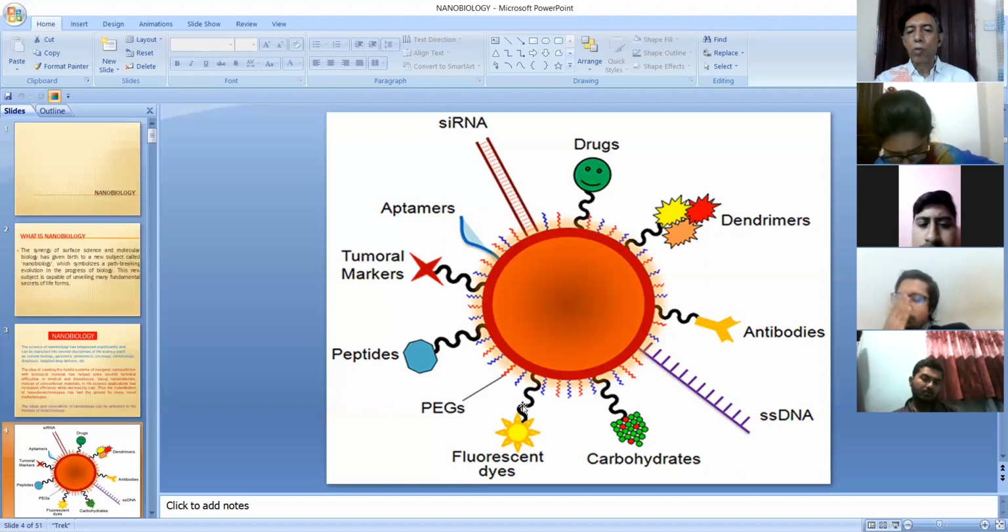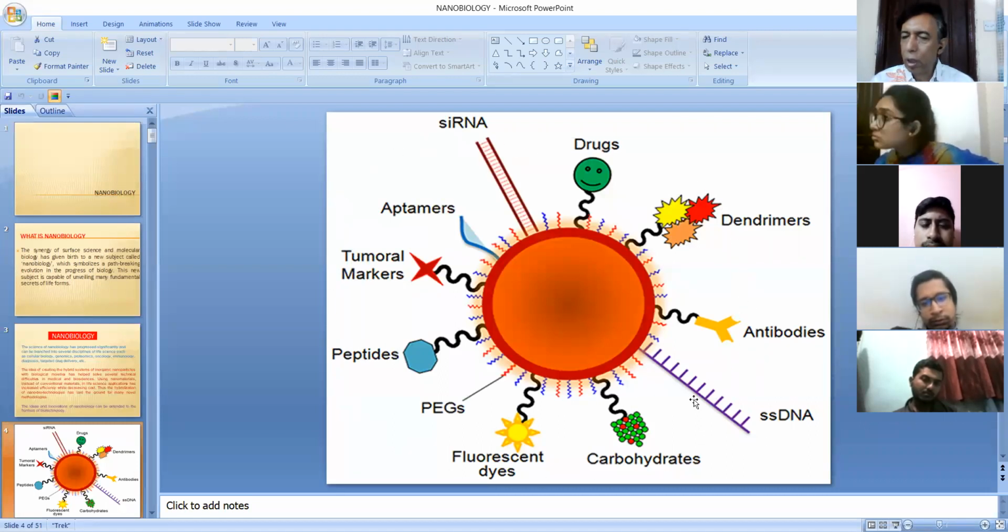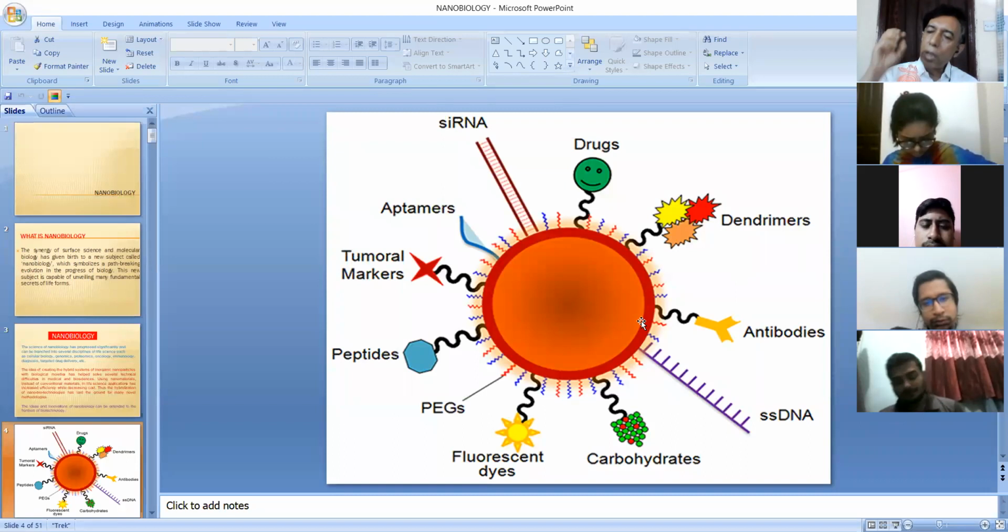You can connect with fluorescent dyes, peptides, and some markers. They can be connected with several biological molecules. These all are biological molecules. So you can connect the inorganic nanoparticle as you wish.